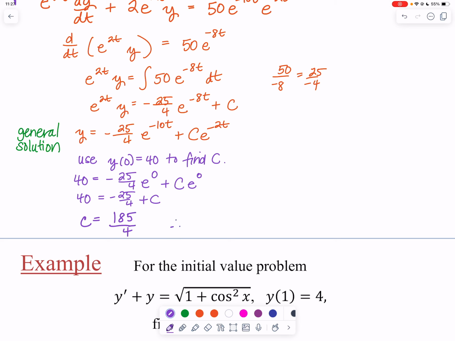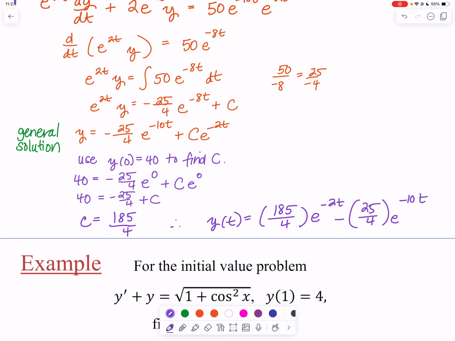And therefore, y of t is equal to 185 over 4 e to the negative 2t minus 25 over 4 multiplied by e to the negative 10t.